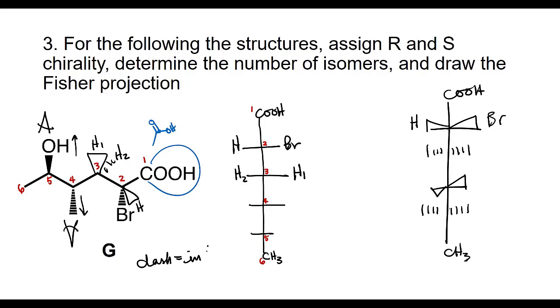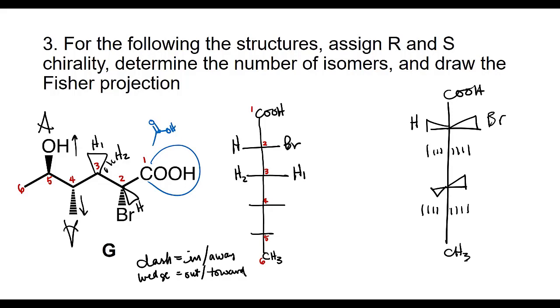Wedge equals out, towards. Okay. Questions about carbon 3? Not yet. Let's keep going. I know this is really, really complicated, but hopefully this is making sense one by one.